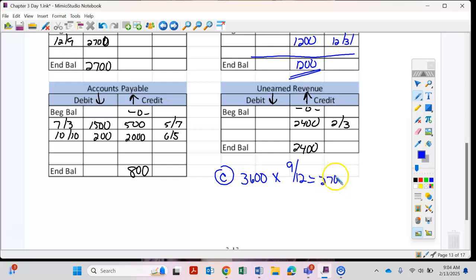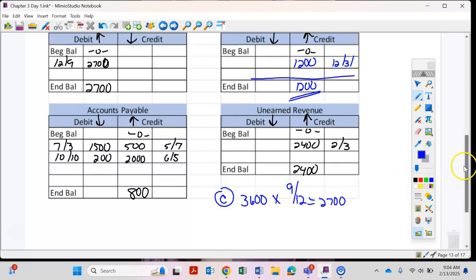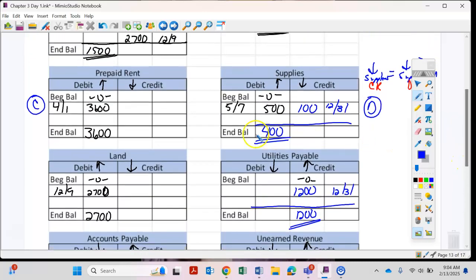That's $2,700. Or if you can do it in your head, 3,600 divided by 12 is $300 a month. 300 times 9 months is 2,700. So we need to expense $2,700 of that. So we want prepaid rent to go down $2,700 on 12/31.